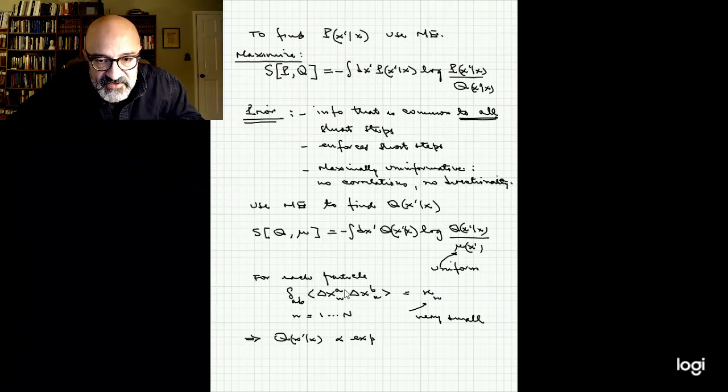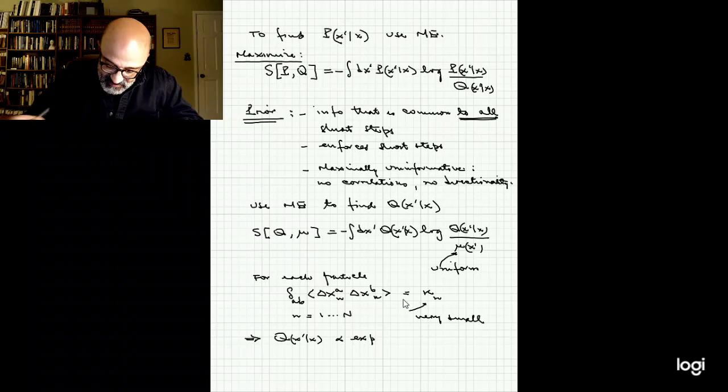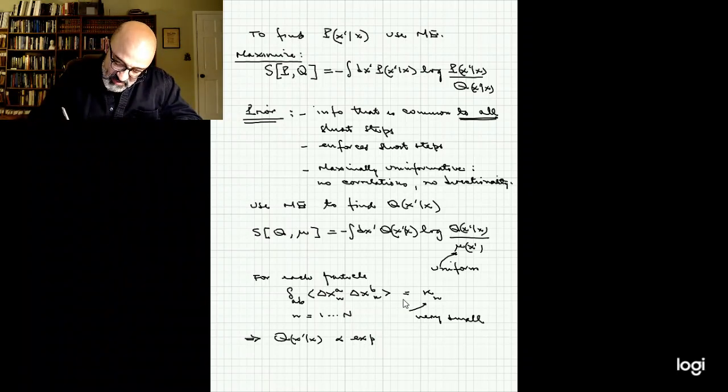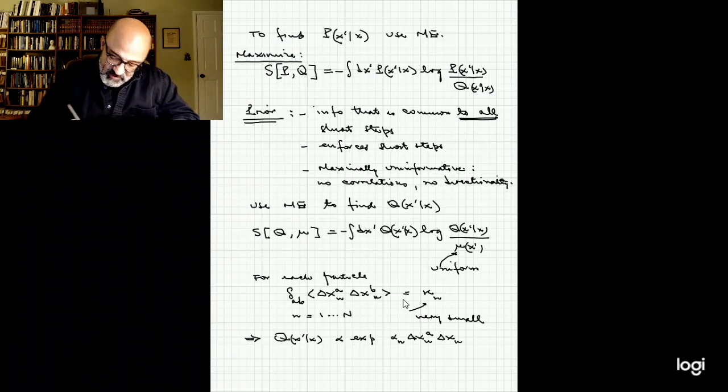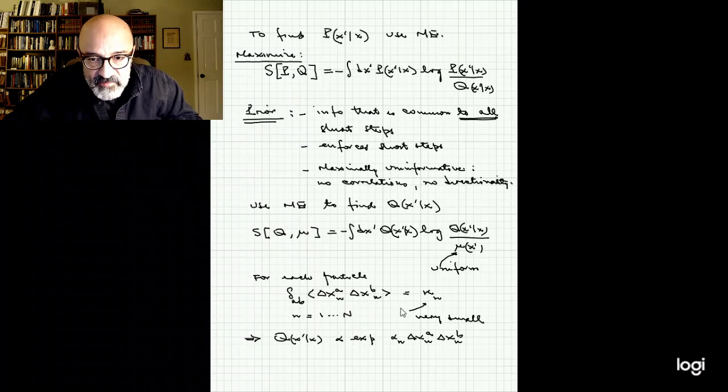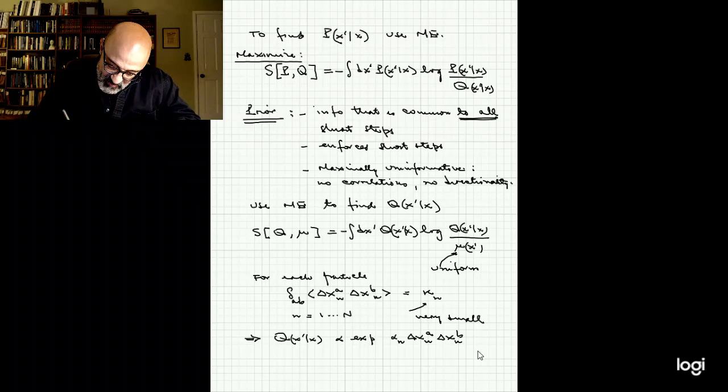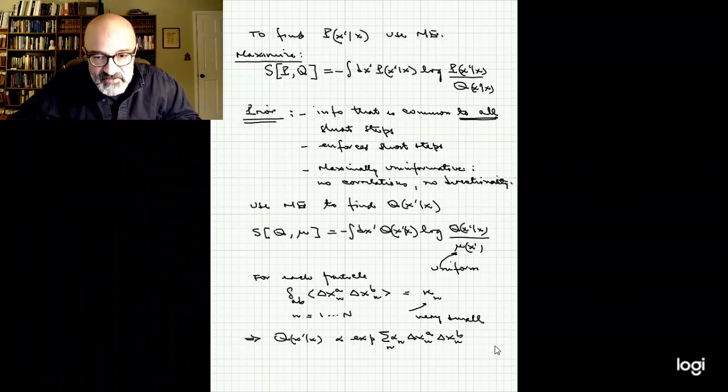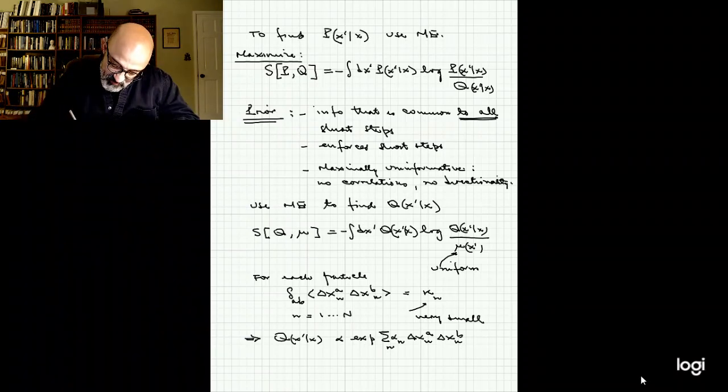This is one of these for each particle. It's spherically symmetric. And so there is going to be one Lagrange multiplier for each one of these particles, and we want to sum over all the n, because we have n of these constraints.